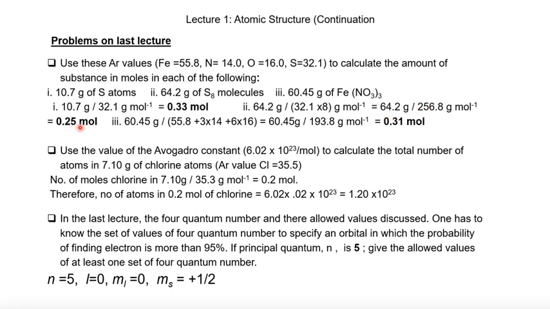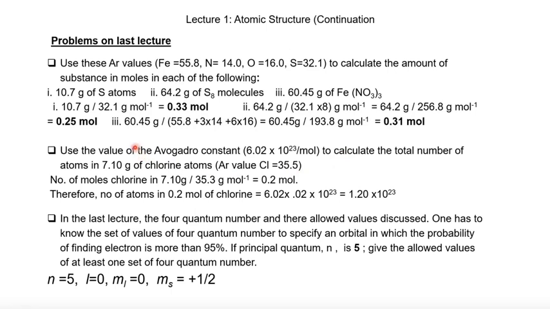That is 0.25 mole. I'm sorry for that. And then for ferric nitrate, we take the molar mass of ferric nitrate as we did with the others, and divide the grams by the molar mass, and we find that the moles of ferric nitrate is 0.31.